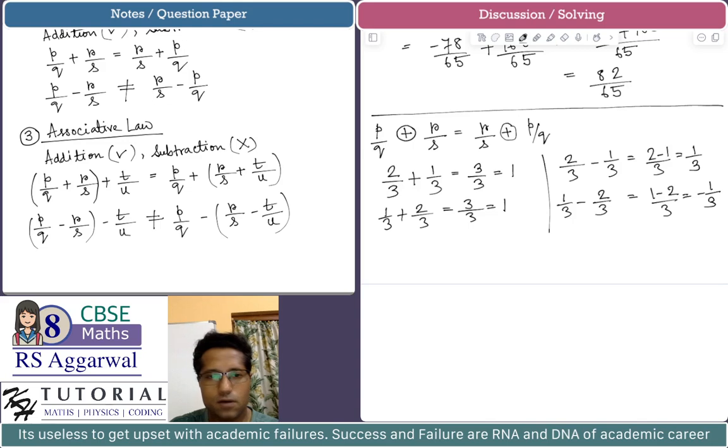Now the associative law says that, similarly, let's say this is an operator, whatever this operator does, let's say this operator does something on two rational numbers.